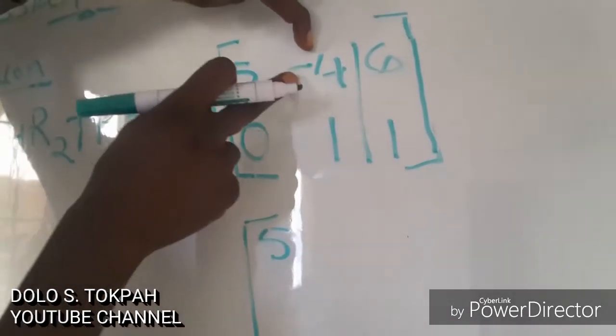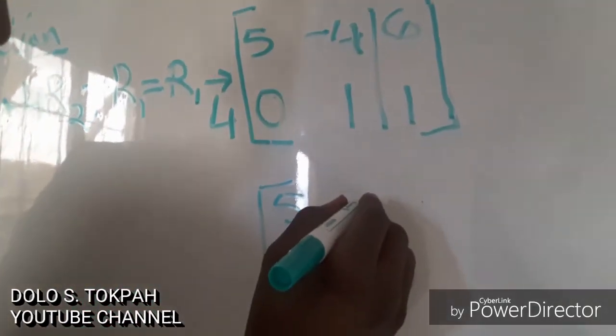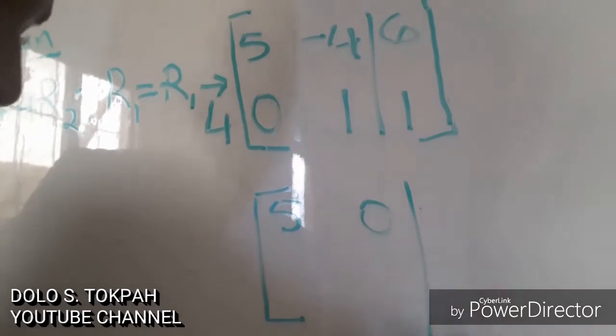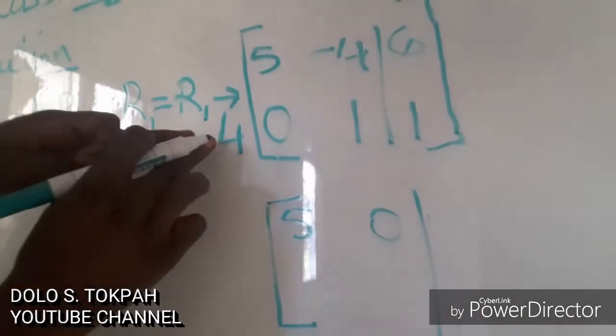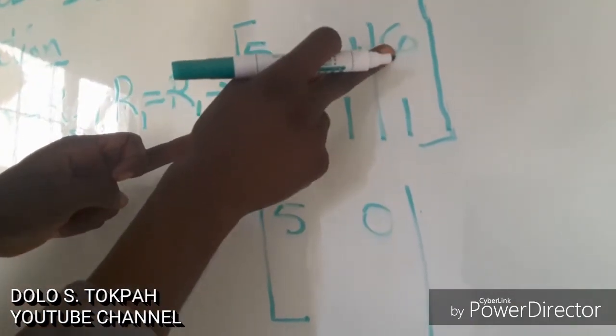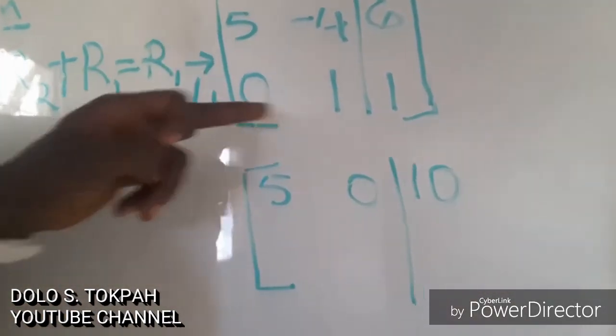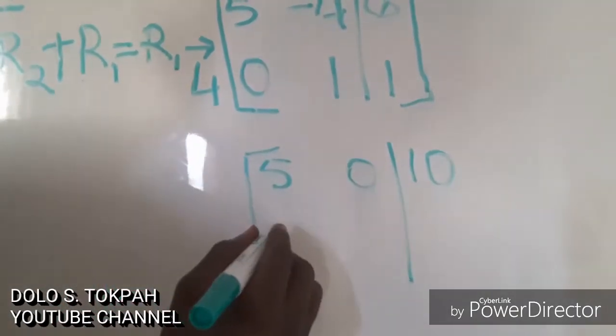When we subtract negative 4 from positive 4, we will have 0 at this point. We draw our line, and then we say 4 times positive 1 will give us positive 4, plus 6 will give us 10. We can now write down the second row.